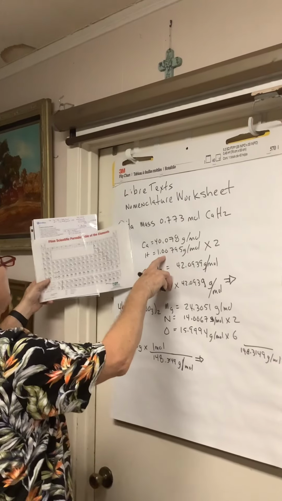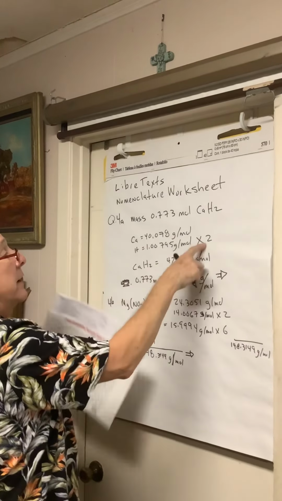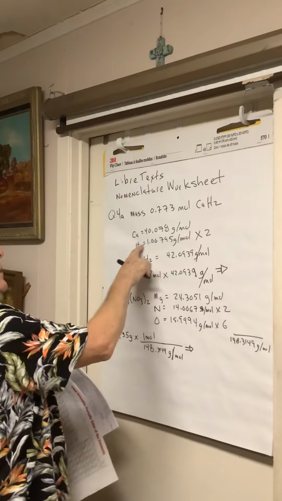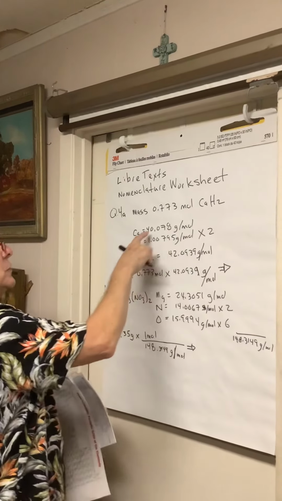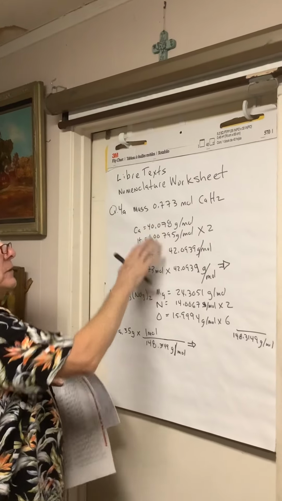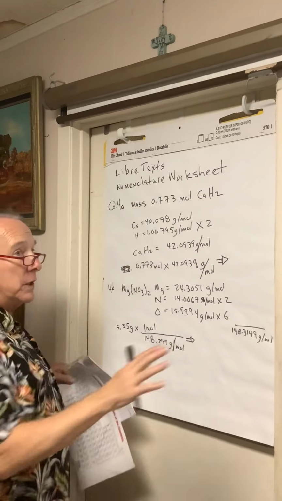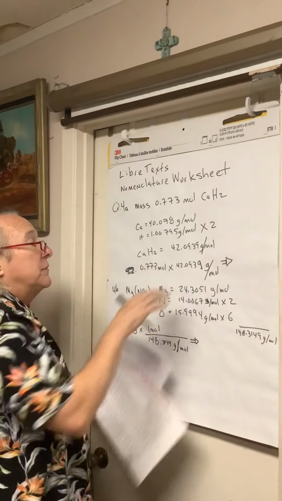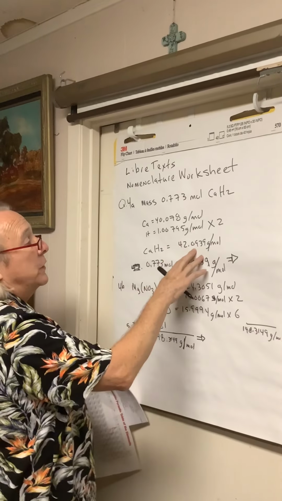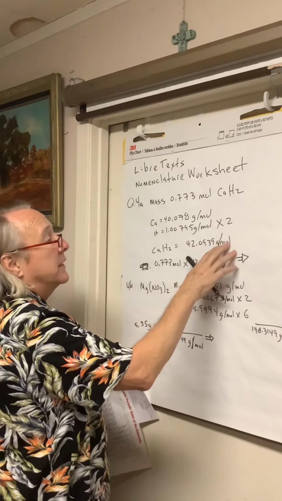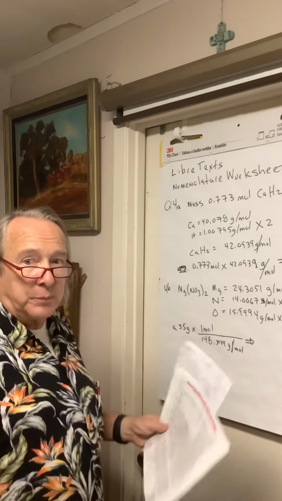Hydrogen is 1.00795, but there's 2 of them. So I multiply that times 2, that's about 2, add it to 40, and I get about 42. When you add it all up, if you want to use all these significant figures that they're given, it's 42.9039 grams per mole.